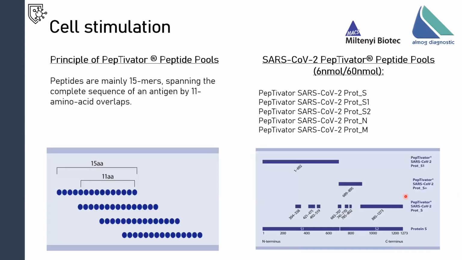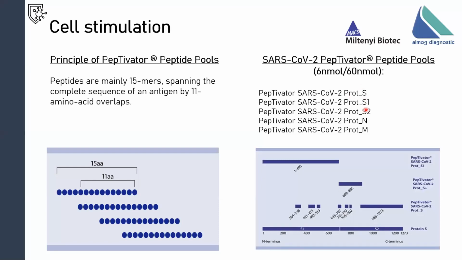So as for the cell stimulation, if you're taking PBMCs from a recovered patient, you will need to reactivate those cells in order for them to produce cytokines. So those PepTivators are pools of peptides for all virus proteins.